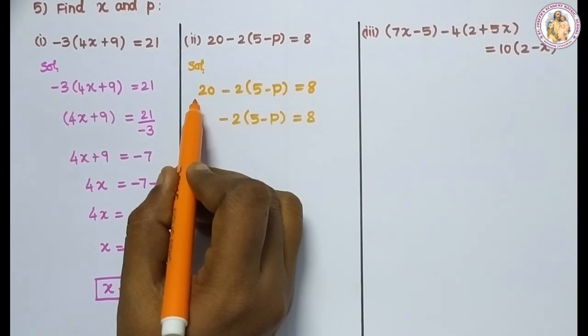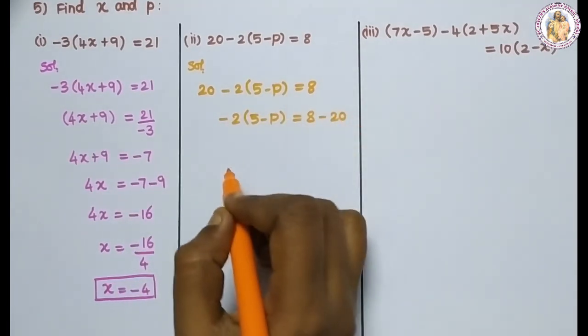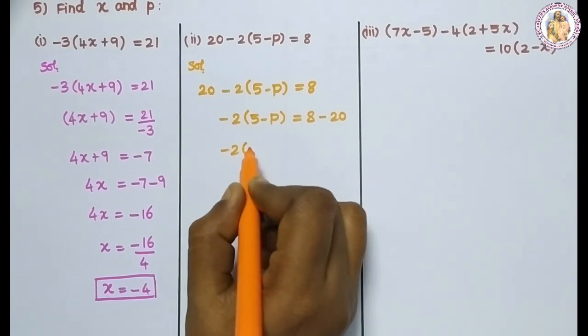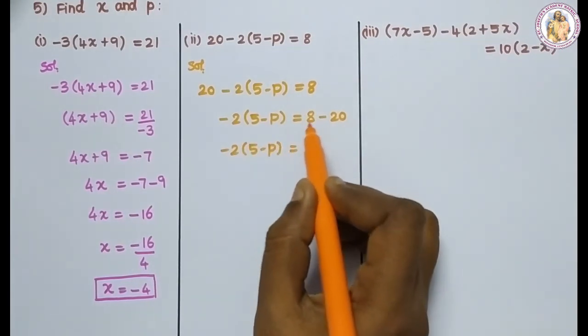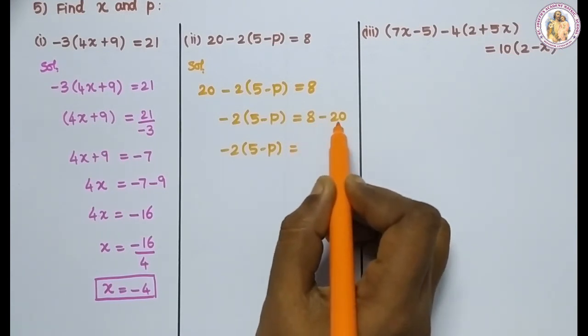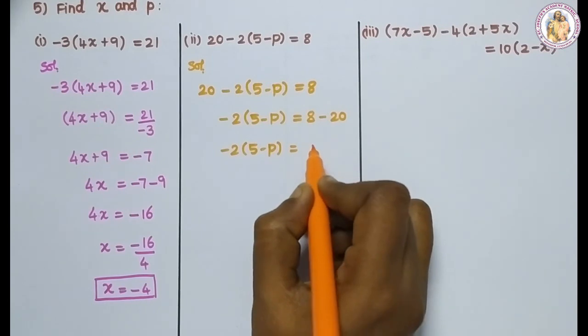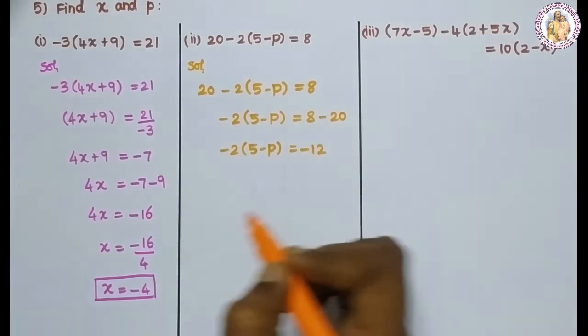Here 20 is in plus sign, bring this side means minus. So minus 2 into 5 minus p equal to plus 8 minus 20, different sign. So we have to subtract these numbers. What is the difference? 12. Which one is greater here? 20. That sign is minus.